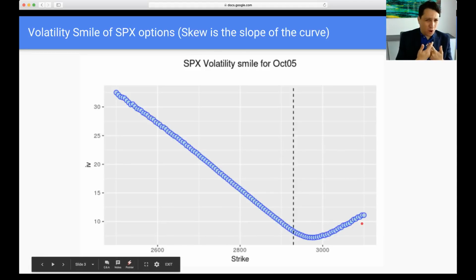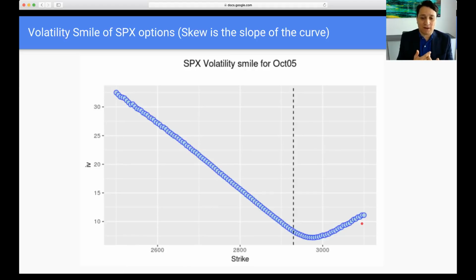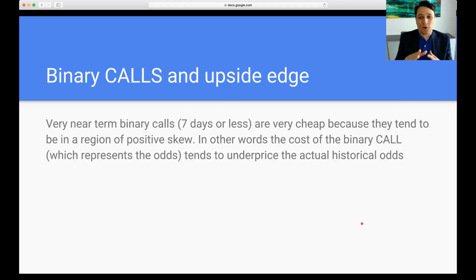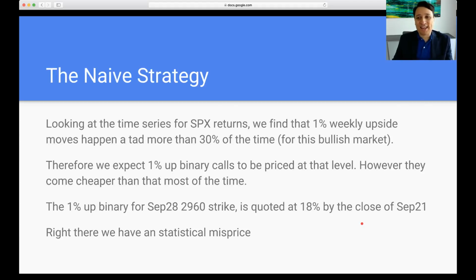So near-term options exhibit really nice positive skew, which means that near-term binary calls are tremendously underpriced. And that's what we want. We want binary calls that are near-term, like 7 days or less, that are incredibly underpriced. Not only that, they are actually underpriced versus historical probabilities. We'll see it here, and here I present to you the naive strategy.